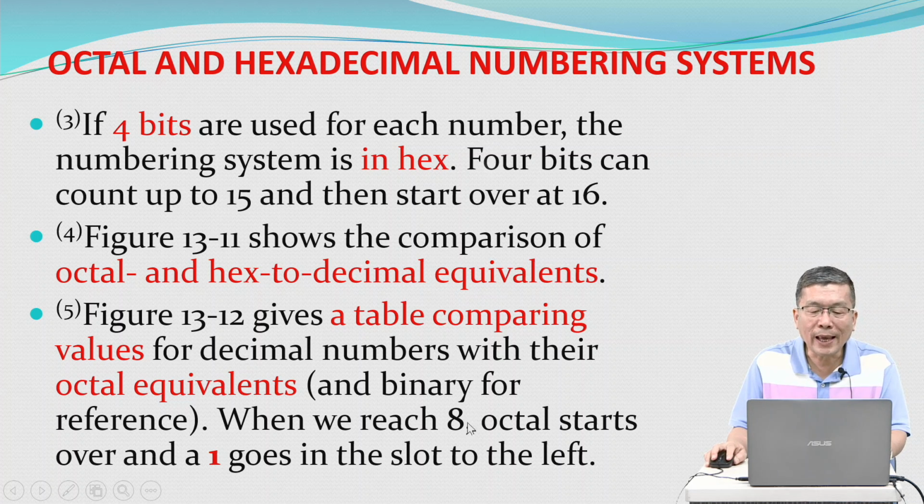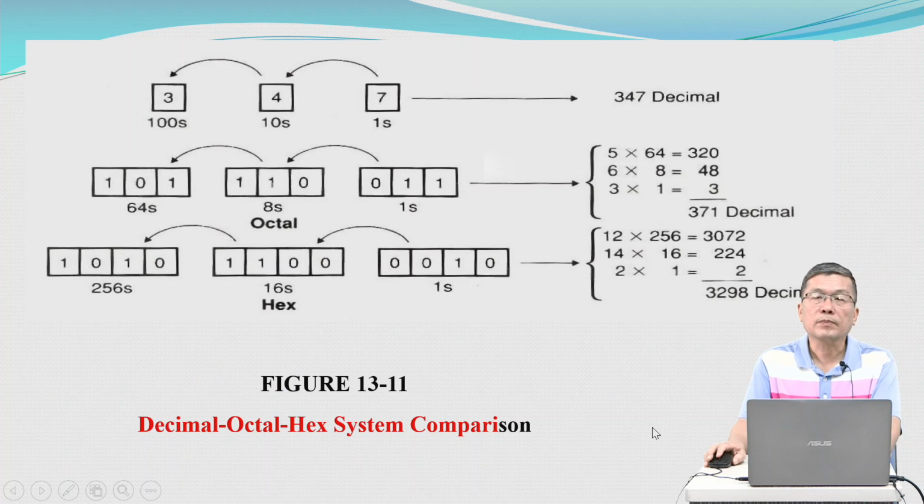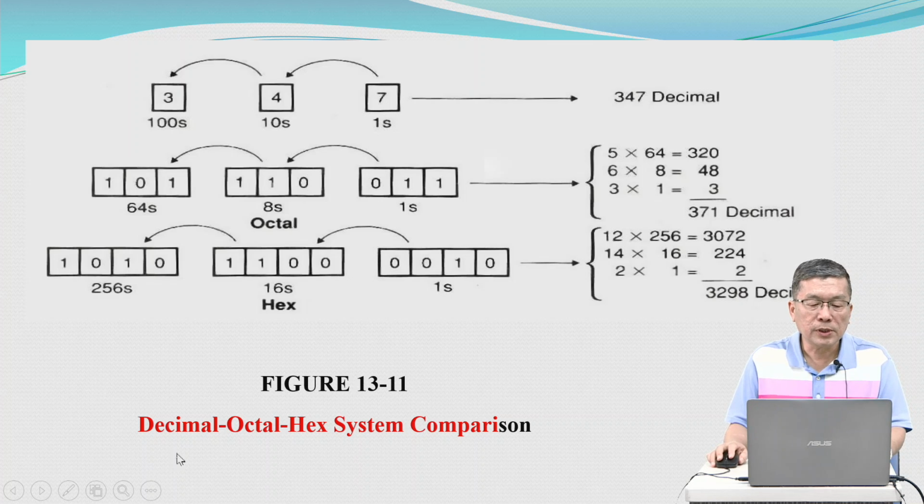When we reach 8, octal starts over and the 1 goes in the slot to the left. This figure shows the decimal to octal and hex system comparison: decimal, octal, and hex.